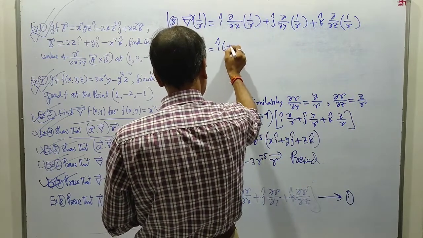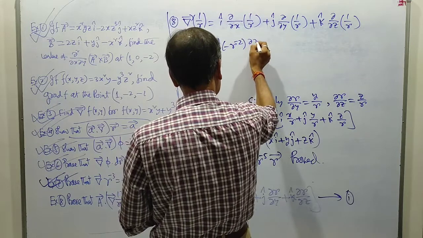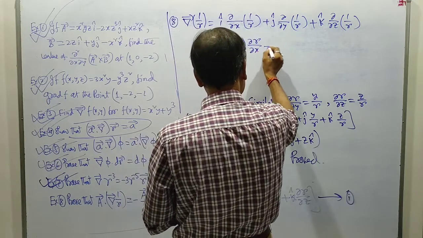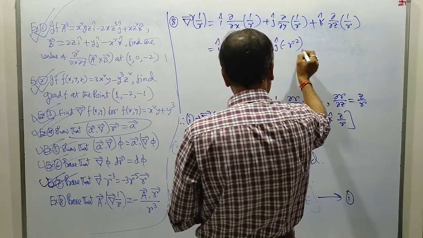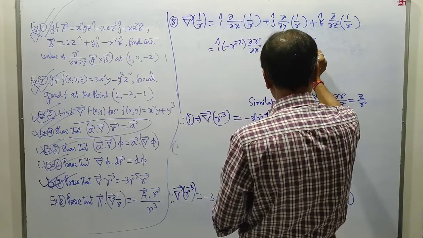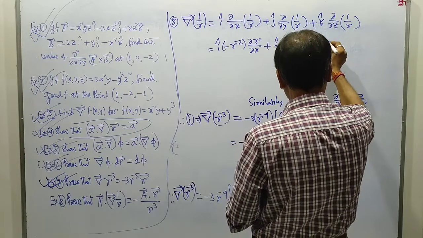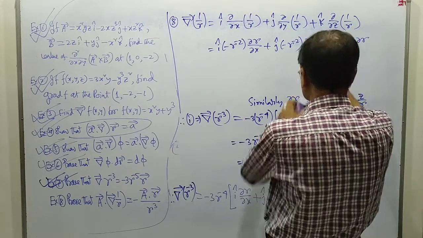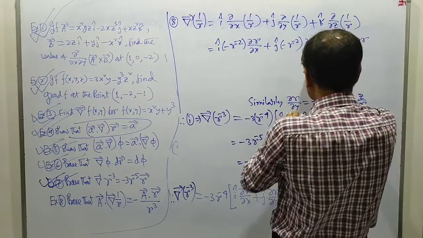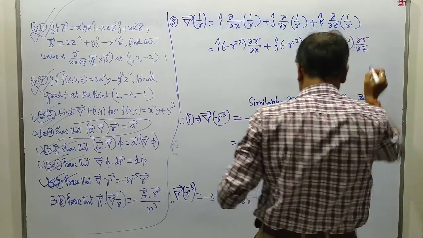That is i cap minus r to the power minus 2 del r by del x plus j cap minus r to the power minus 2 del r by del y plus k cap minus r to the power minus 2 del r by del z.